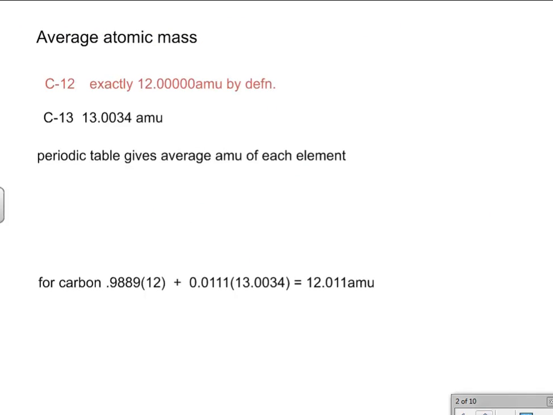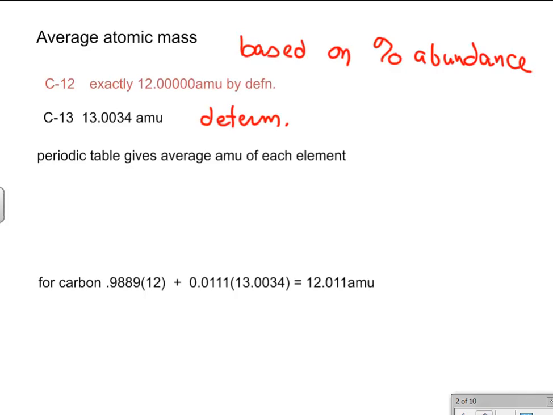The average atomic mass that we see on the periodic table is a weighted average of all the isotopes, based on the percent abundance of each of the isotopes as found in nature. If we look at carbon, carbon-12 has been assigned the exact mass of 12.0000. It's defined that way. Carbon-13 has a mass of 13.0034, and that is determined by the masses of protons, neutrons, and electrons as defined by carbon-12.